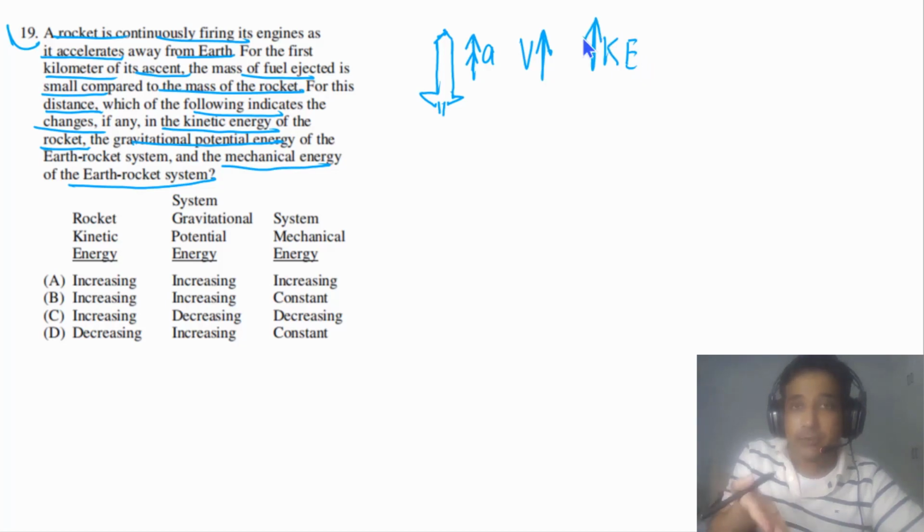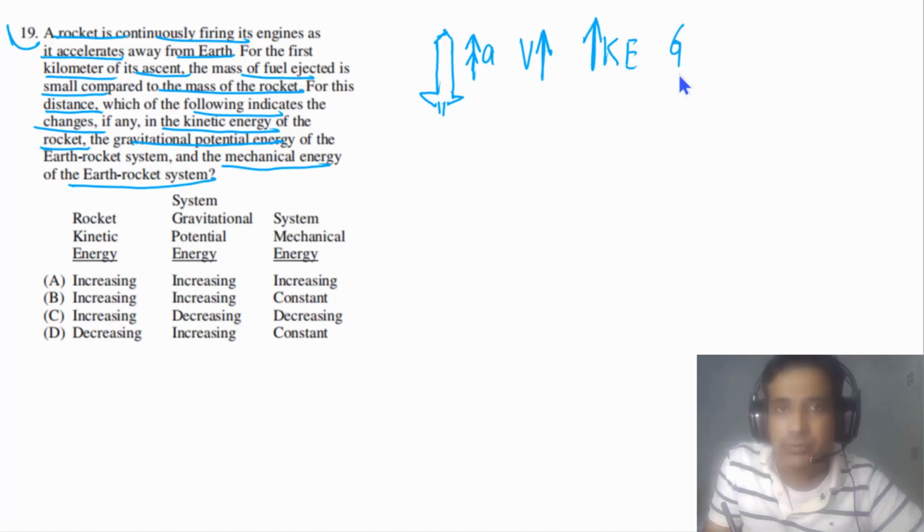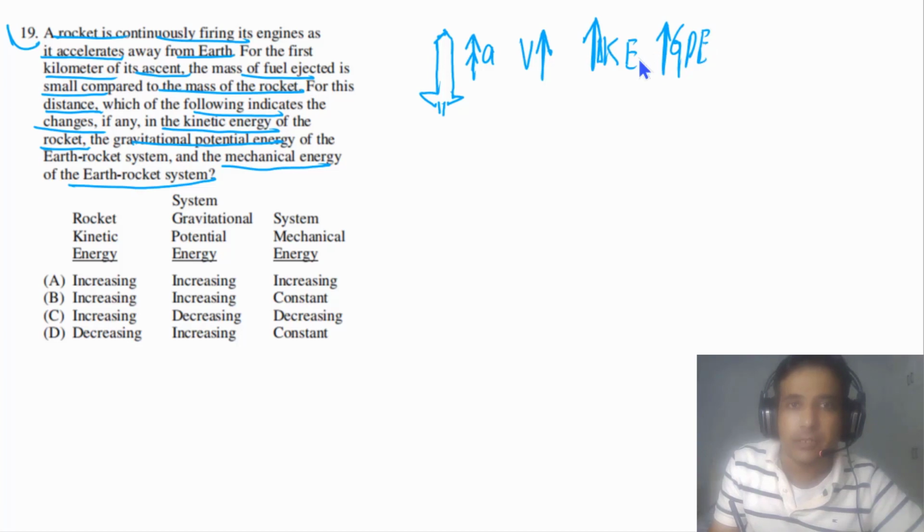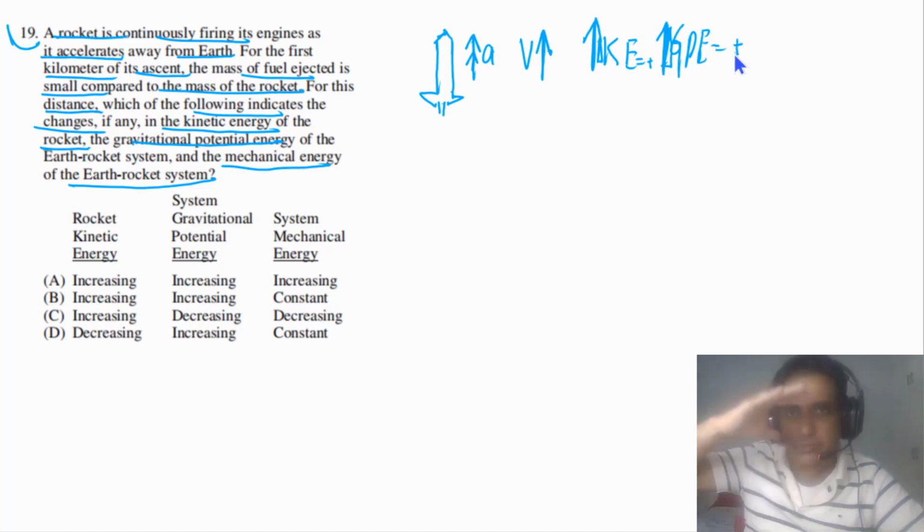As the rocket is also gaining height, it also means that GPE is also increasing. We can also say delta KE is positive, change in kinetic energy is positive, and change in GPE is also positive. And so kinetic energy of the rocket is increasing, and GPE of the Earth-rocket system is also increasing.